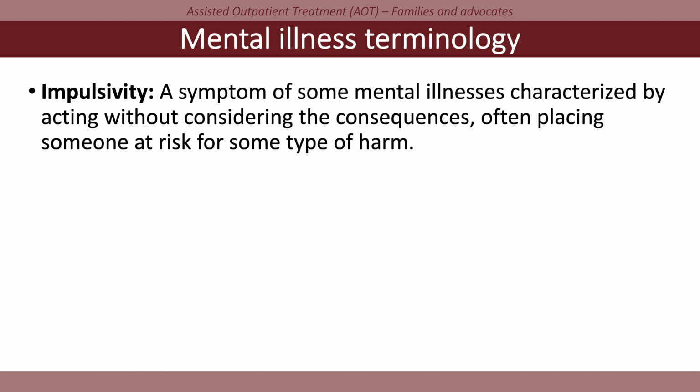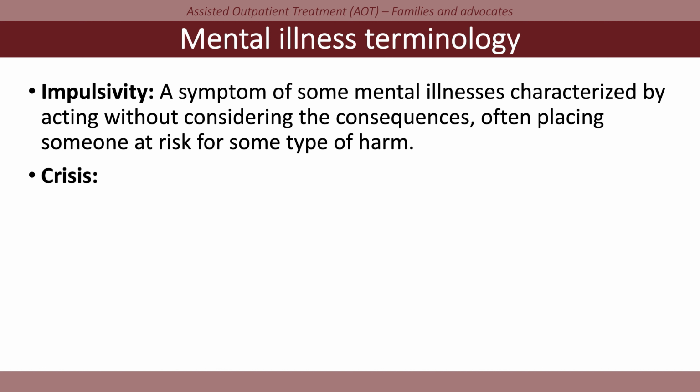High levels of impulsivity are a serious concern because it reduces our ability to determine what we could reasonably expect somebody to do or to not do. And it's especially important when we're considering somebody who might be having some type of thoughts around suicide.